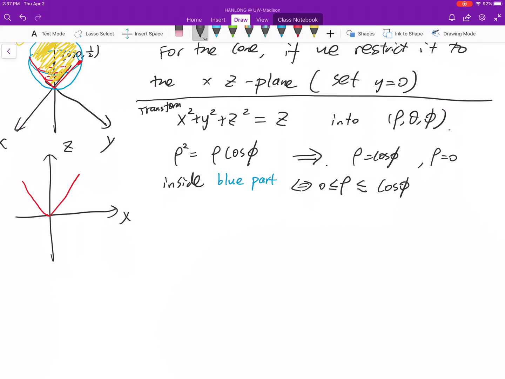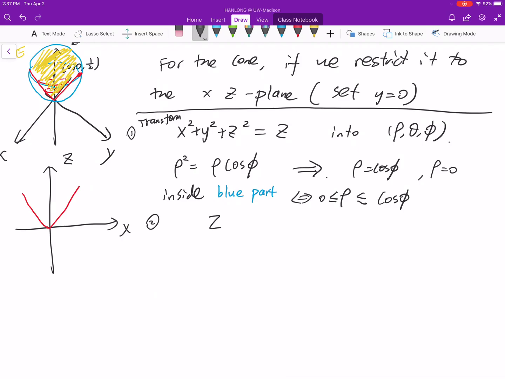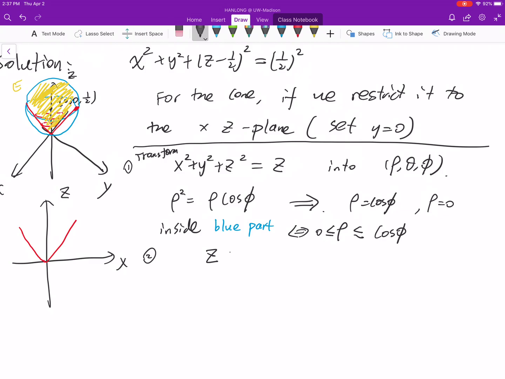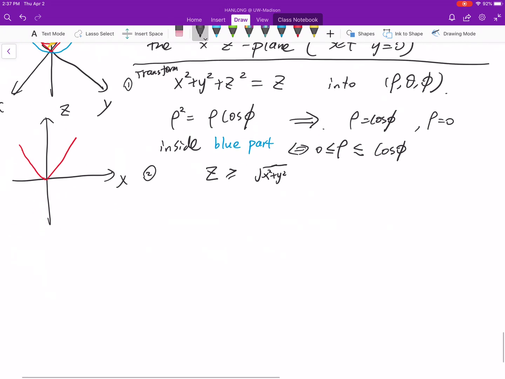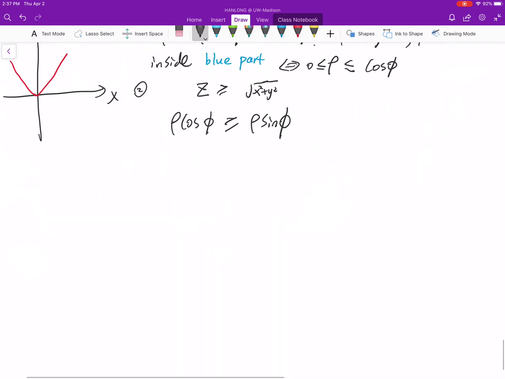This is the first condition. Second condition, for the cone: above the cone means z should be above the square root of x squared plus y squared, so rho cosine phi is greater than or equal to rho sine phi. That means cosine phi is greater than or equal to sine phi.